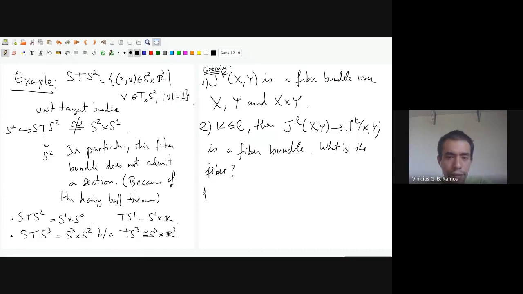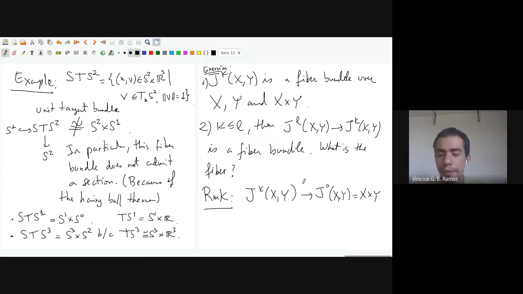And here's a very interesting remark or exercise. When you look at J^K(X,Y) over X times Y, so J^0, which is just X times Y, this is the map alpha times beta.